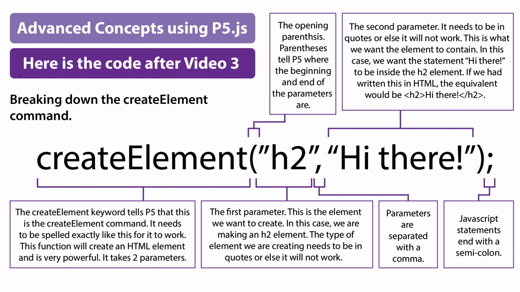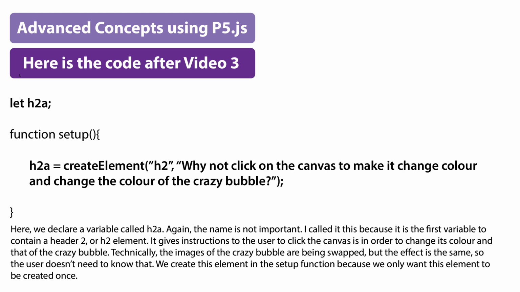The create element command has 2 parameters. The first parameter is the element that it's creating, and the second parameter is the text that is inside that element. Here we're creating an h2 element, and the text inside it is saying, hi there. And here we see the full text that we're using.